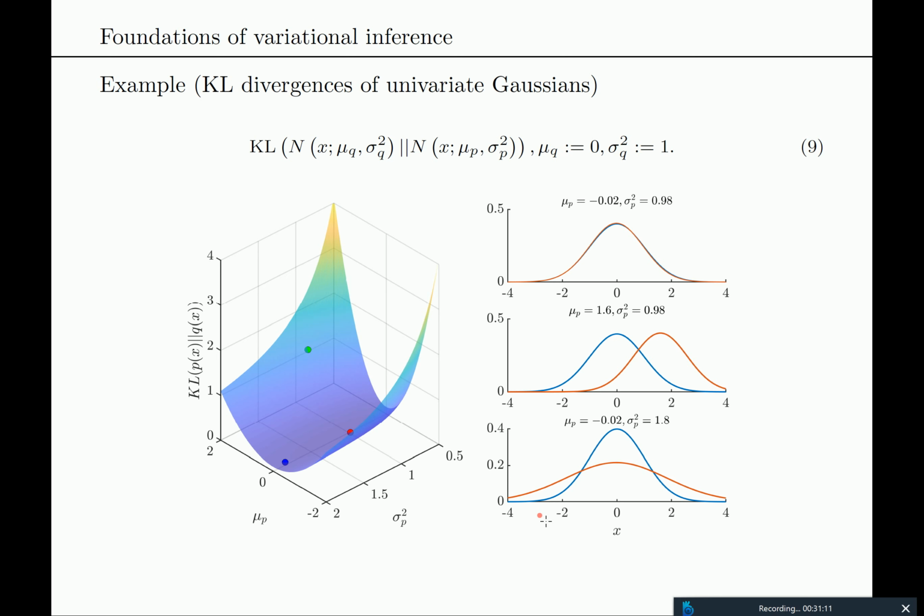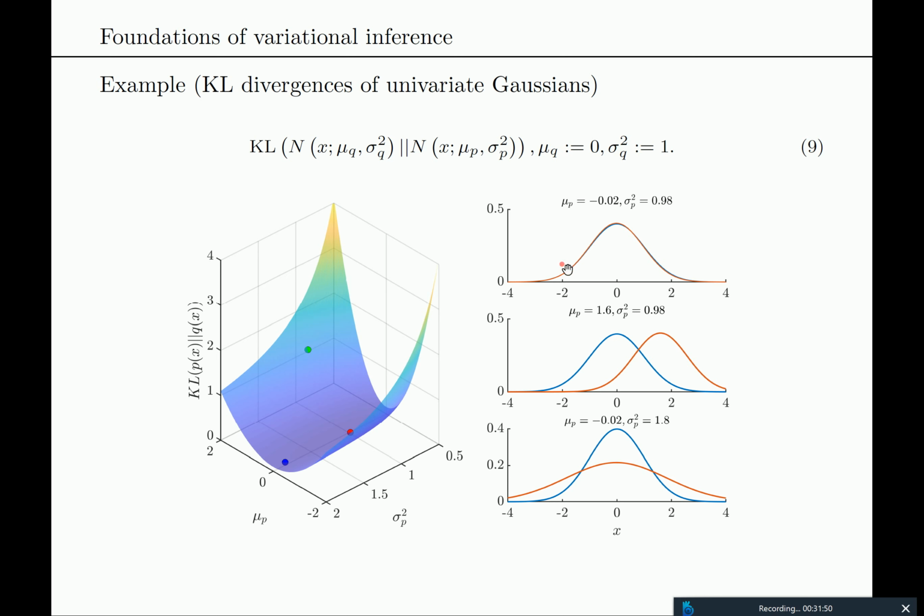And this I've shown here as an example. Here I have two Gaussian probability density functions, and one of them I fix. This one has an expectation parameter of 0 and a variance parameter of 1, and the other one I vary. First, I vary the other one very little: the expectation parameter is minus 0.2, and the variance parameter is also just a little bit smaller than this one.